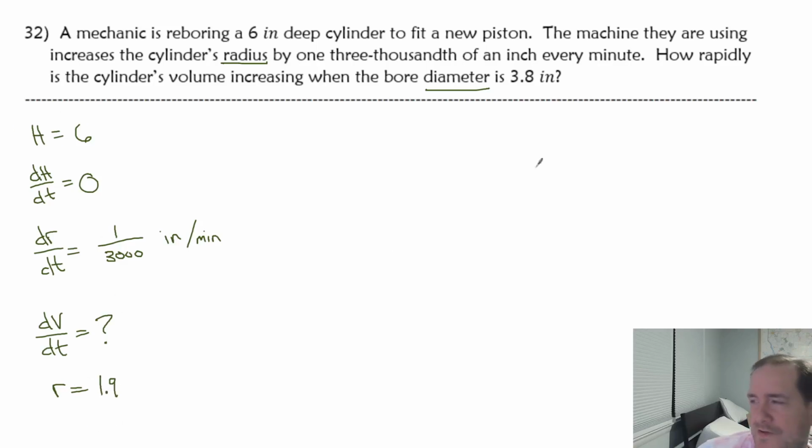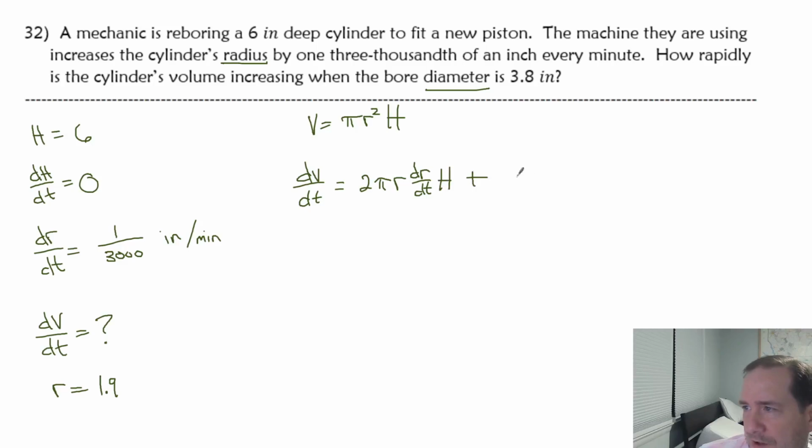But here's our big set of given information. We're going to go back to our same old formula, which of course is that volume equals pi r squared times height, which of course means that the rate of change of our volume is equal to 2 pi r dr/dt. How many times have we seen this today? A lot.